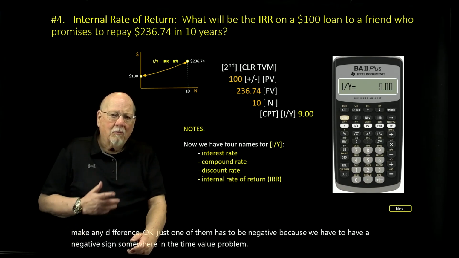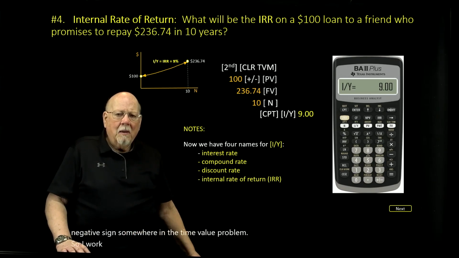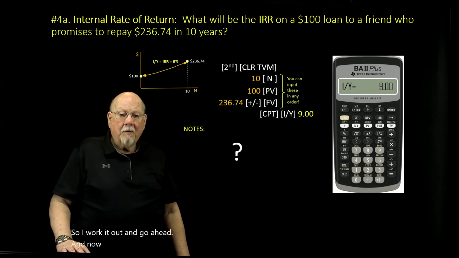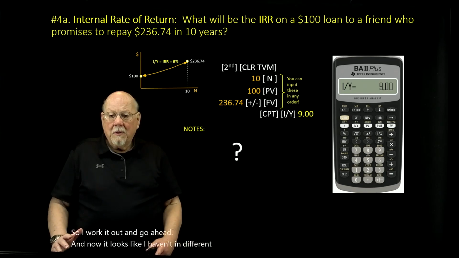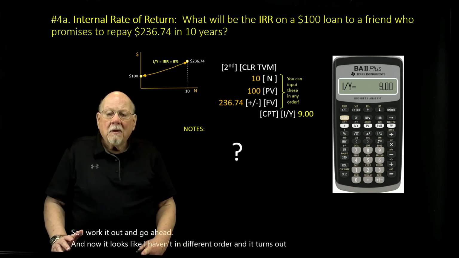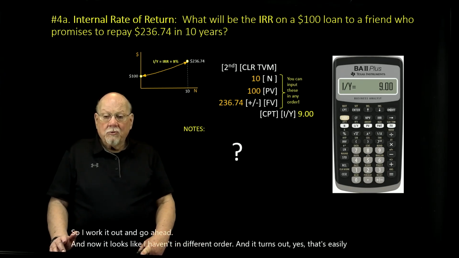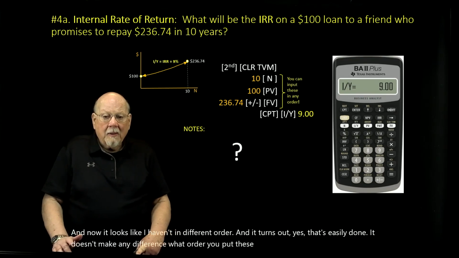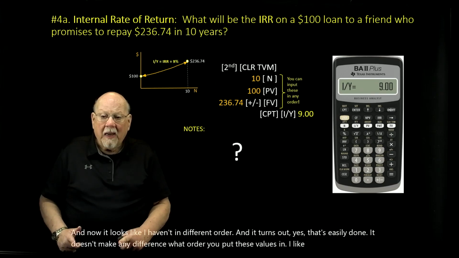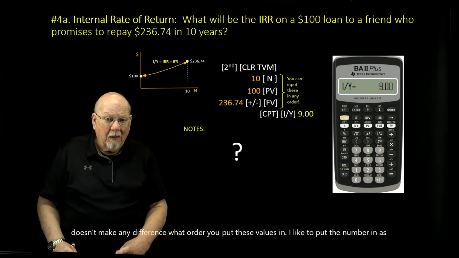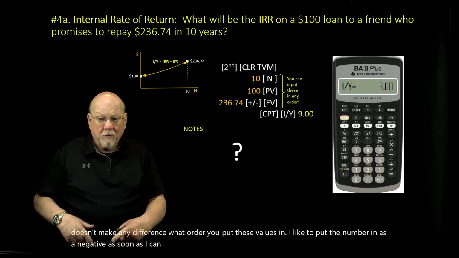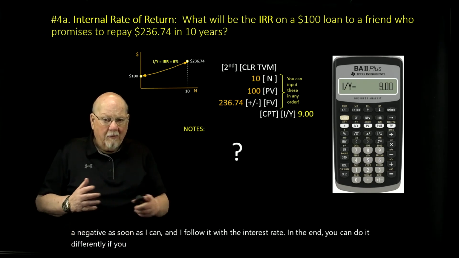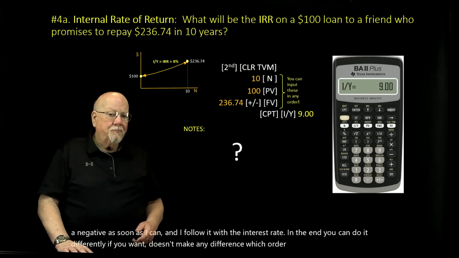So I work it out and we'll go ahead, and now it looks like I have them in a different order. And it turns out, yes, that's easily done. It doesn't make any difference what order you put these values in. I like to put the number in as a negative as soon as I can, and I follow it with the interest rate and then the n. You can do it differently if you want. Doesn't make any difference which order you put them in.